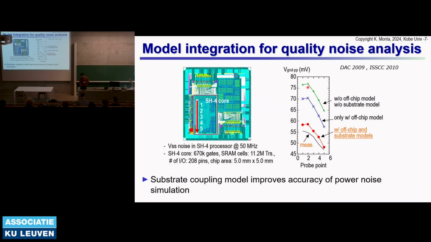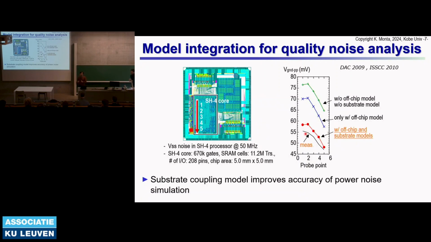But if we use the off-chip model, meaning we add the model of the assembly, packaging, and PCBs, that gives a more reduced number of voltage variations on the die. And if we include the silicon substrate in the model, the results become drastically closer to the measurements.